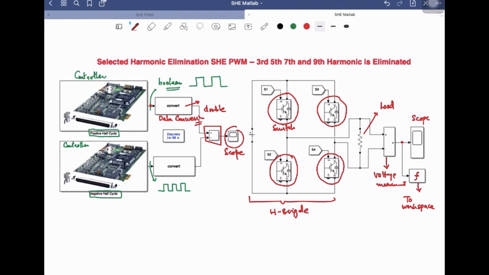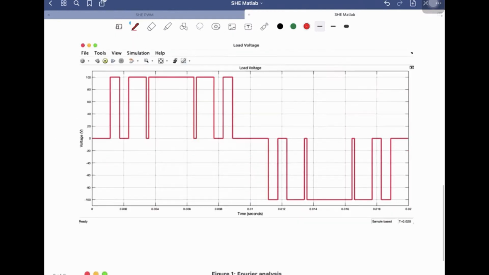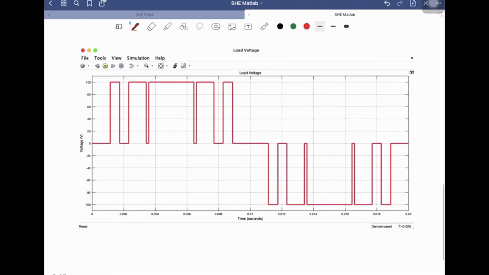Now, how this circuit is going to work, before discussing, let's go to the output voltage waveform of the selected harmonic elimination technique. Let's suppose that we want to cancel 5 sets of harmonics.